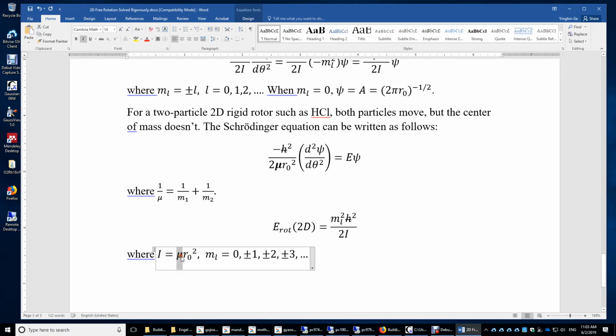The mu is the reduced mass, r naught is the distance between the two particles. Again, this m sub L can be plus minus L. L is a non-negative integer, 0, 1, 2, and so forth.